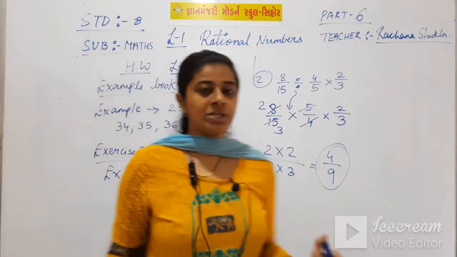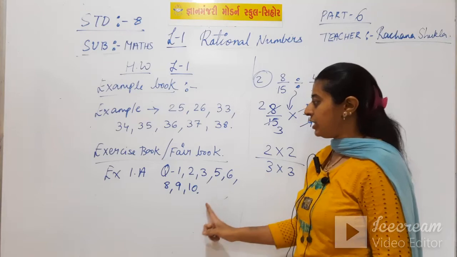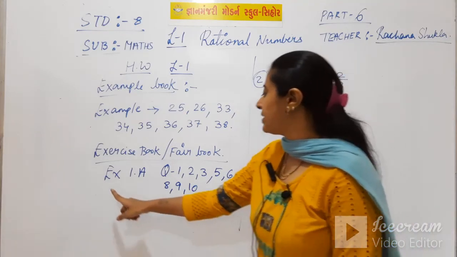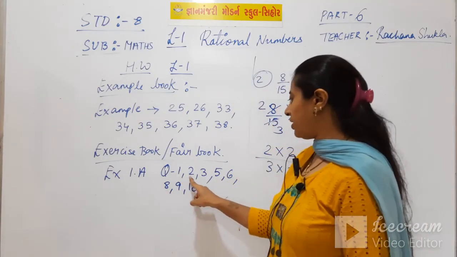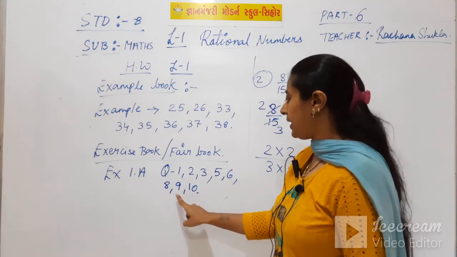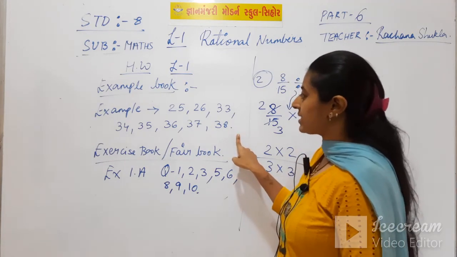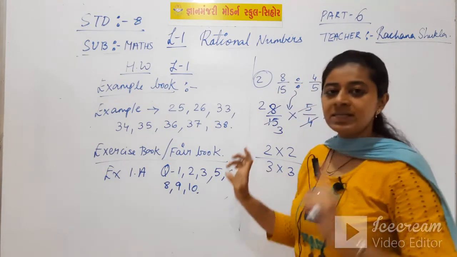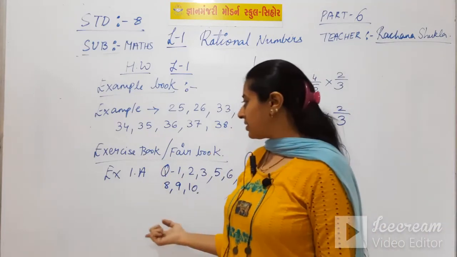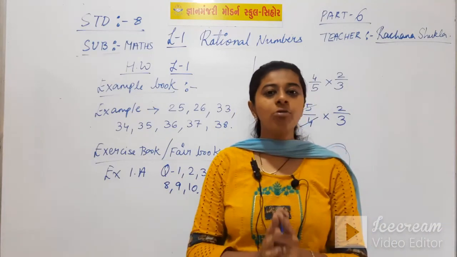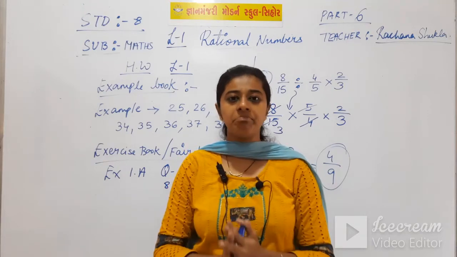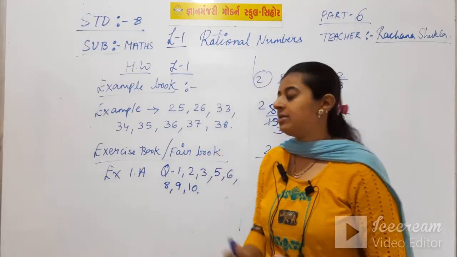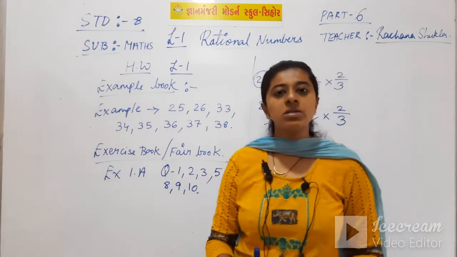These all questions must be solved in your fair book. Exercise 1A, question 1, 2, 3, 5, 6, 8, 9, 10, and this many examples. Example book is separate and exercise book is separate. So you have to complete your work and submit it. Click a photo and paste it in the WhatsApp group.